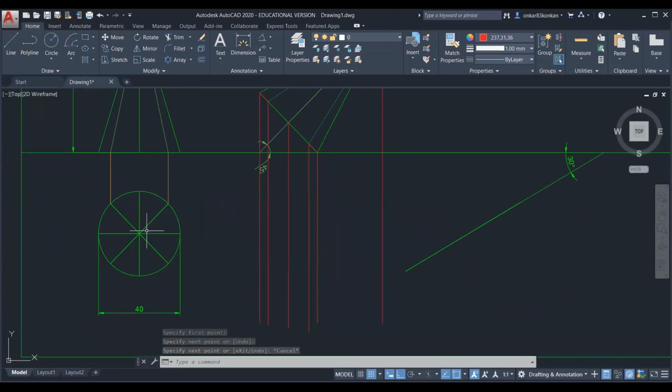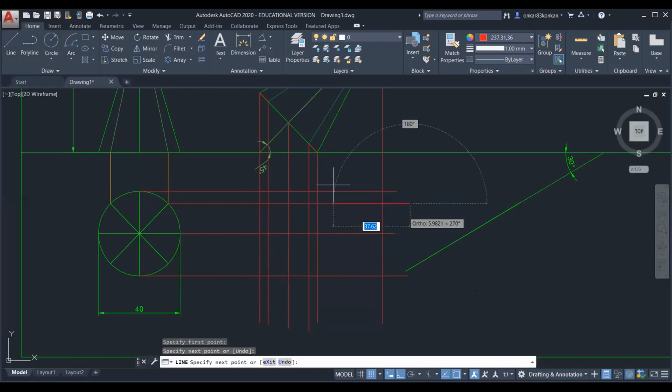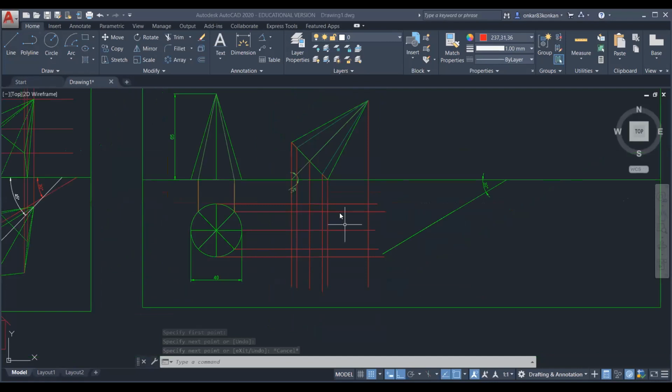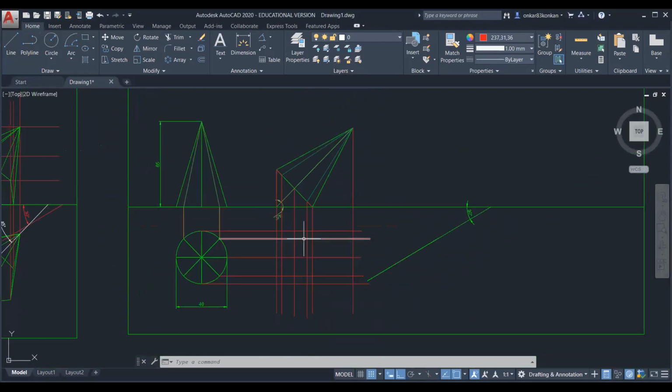So similarly, take the projector from the top view. So you can give names to these extra points, and then you can find out the intersections in the second stage top view.